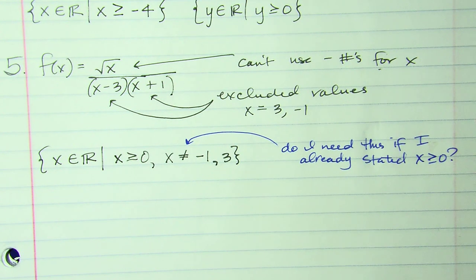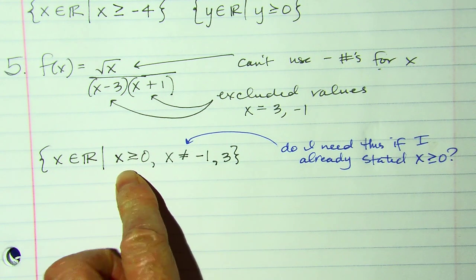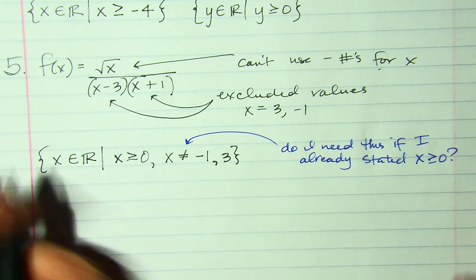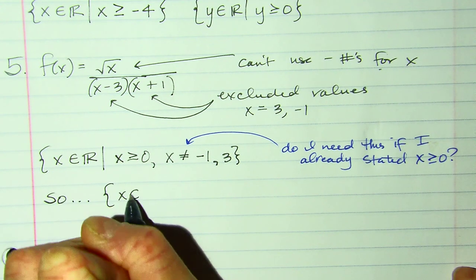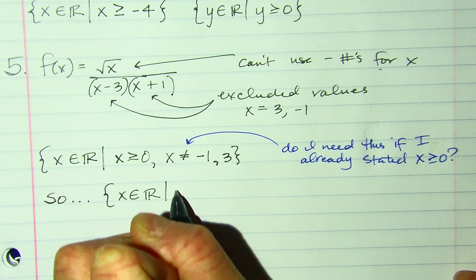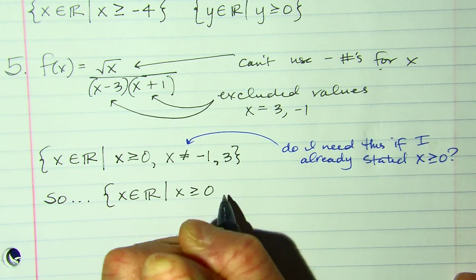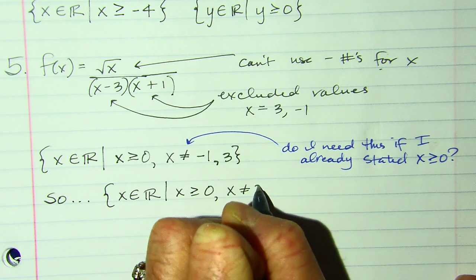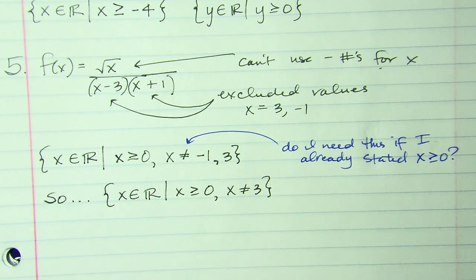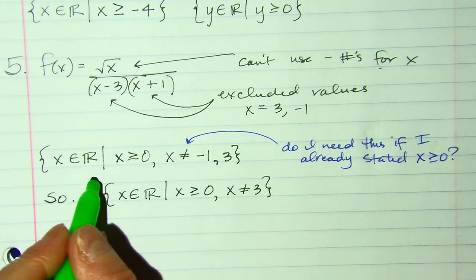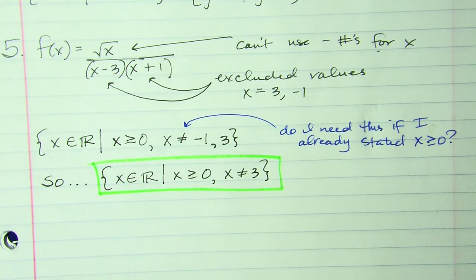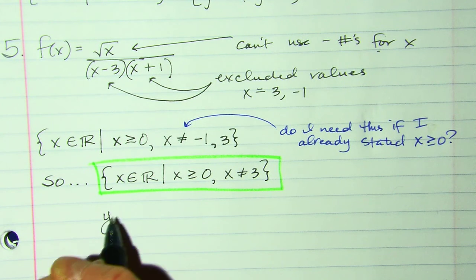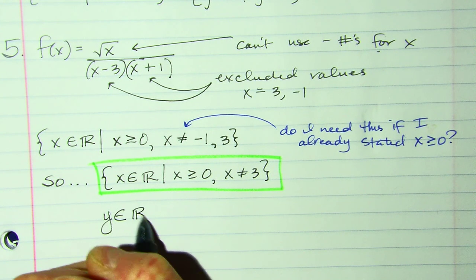No. I've already stated that x can't equal negative 1 in this statement. So the only thing I need is x is the set of all real numbers such that x is greater than or equal to 0 and x cannot equal 3. That's all I need. I've already stated that x can't be negative. Okay? And then y is the set of all real numbers.